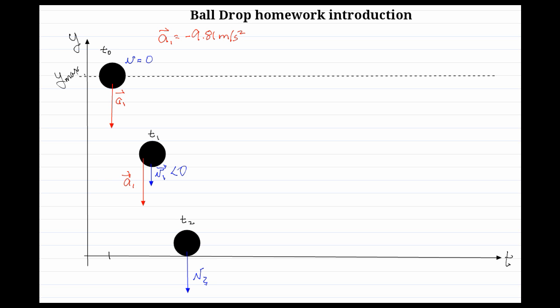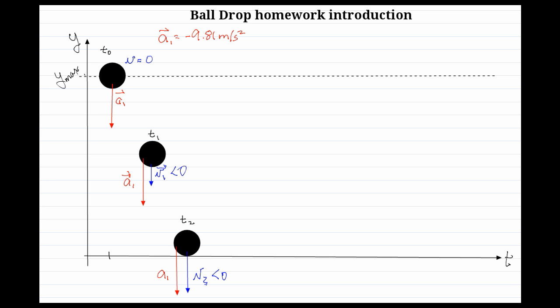Acceleration is still downwards, and it's still equal to A1. Okay, we know something about V2. V2 is also less than 0 because it's going in the negative y direction. So this is sort of qualitatively what's going on with this ball as it falls.